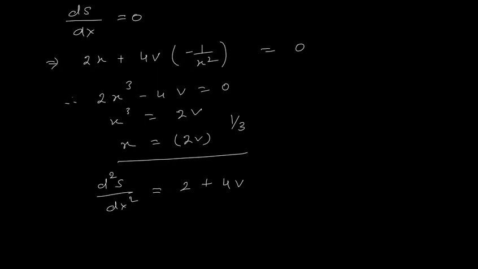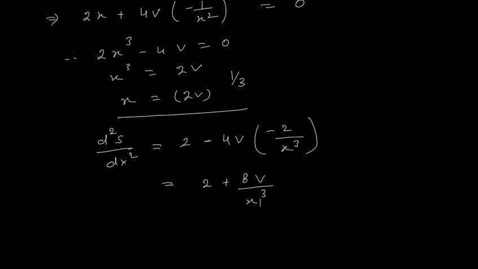So in place of plus I can write minus, and the derivative of 1 upon x square is minus 2 upon x cube. This is 2 plus 8v upon x cube. Now we have to check whether this value is positive or negative.